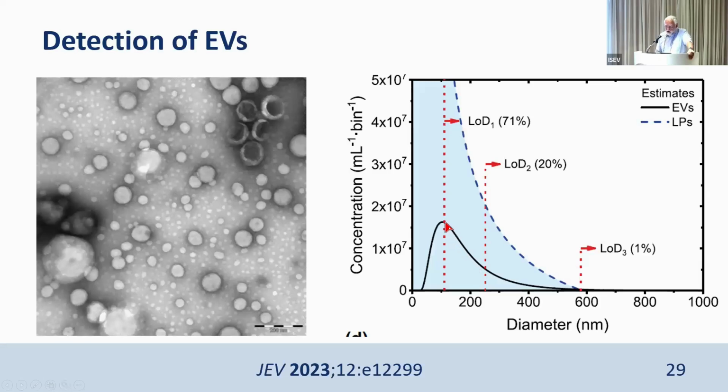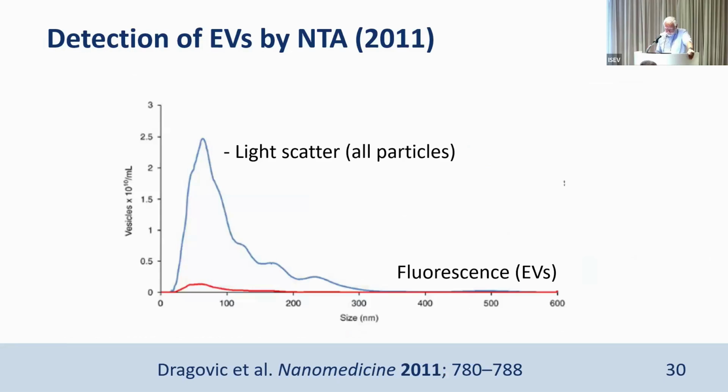Now, we do not precisely know the concentration of vesicles, but this was sort of consensus among the 20 or 30 people writing this paper. But you see the fraction of vesicles is way lower than the fraction of lipoproteins. And especially if you go below 100 nanometer, it's incredible how high the concentration of lipoprotein particles is.